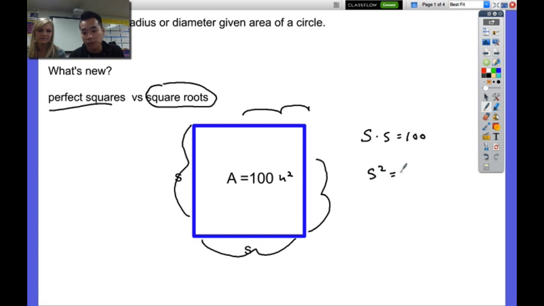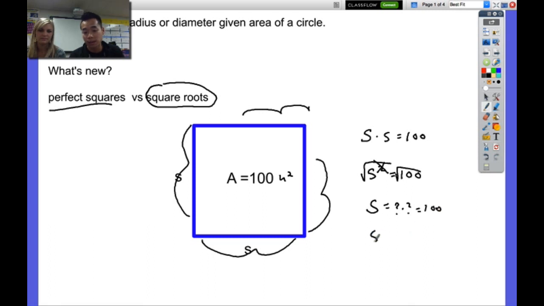Today, in order to undo a perfect square, s times s, which is s to the second power, equals 100. Mathematically, to undo that, we're going to do something called the square root. It looks almost like a division house, but not really. So this cancels out that part right there, and all that's left is s. With the square root, basically, we're trying to find 2 numbers that are identical that give me 100.